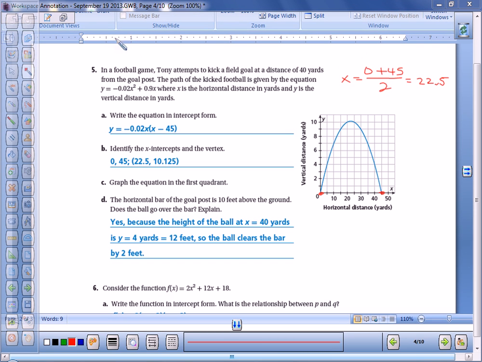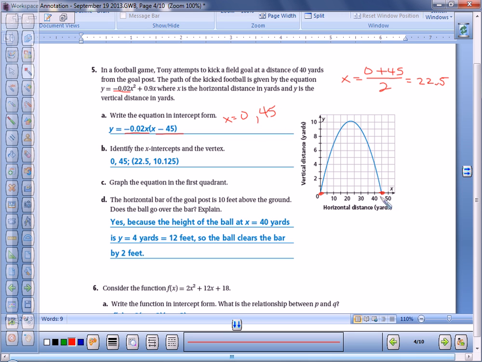So this is a word problem. All right. Because we want to look for the zeros, we're going to factor out the -0.02 and the x. And do you see how now we have this written as the product of the factors? This is one factor, this is the other factor. So we have a 0 at 0, and then another one at 45.